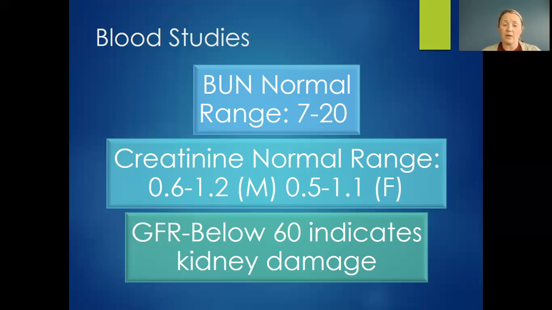About 100 to 120 is what's normal. Anything below 60 though is going to indicate kidney damage. So the lower the number, the more the damage. Think about it as how much is being filtered. If you don't have very much, you're not getting the filtration that you need. So lower numbers are bad, higher numbers are good.